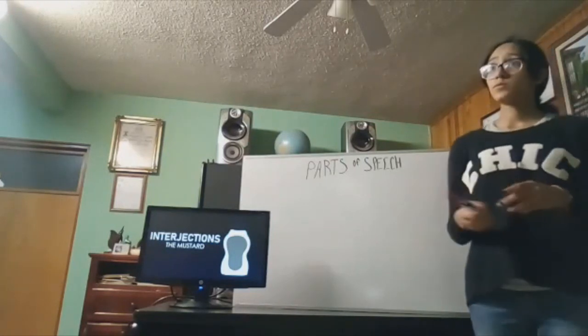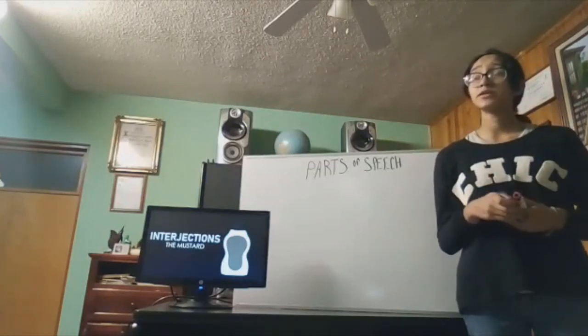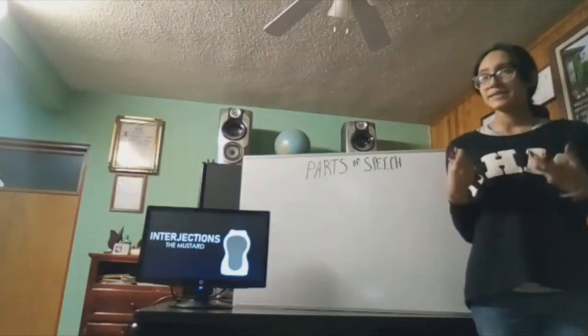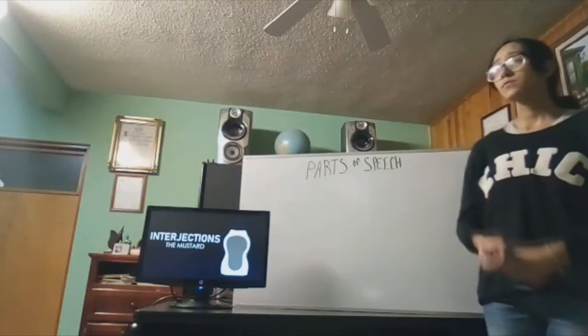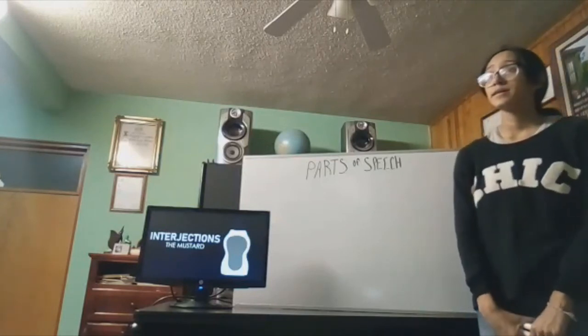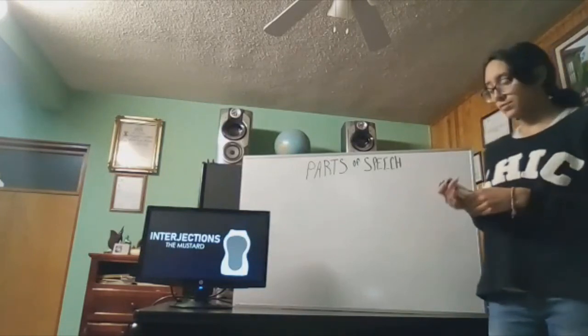For example, they often are used with an exclamation mark. This helps us convey how excited, how scared, how surprised we are. This helps us put more emotion into one sentence. They are used to convey even more emotion than we have to.